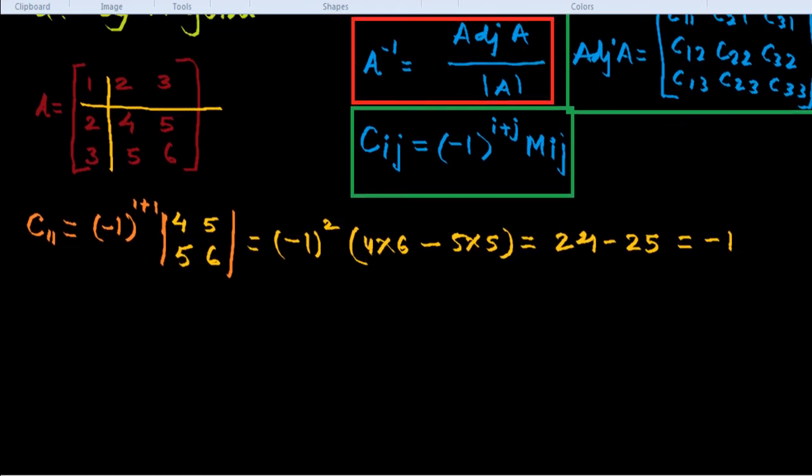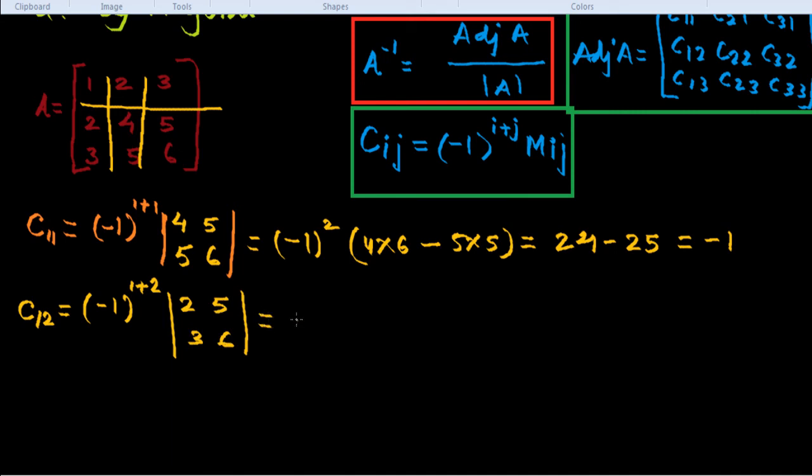Similarly, we find the cofactor C12. C12 is minus 1 to the power 1 plus 2, so it is odd and we get a negative sign. For the minor, we leave the second column and first row, and put 2, 5, 3, 6 here.